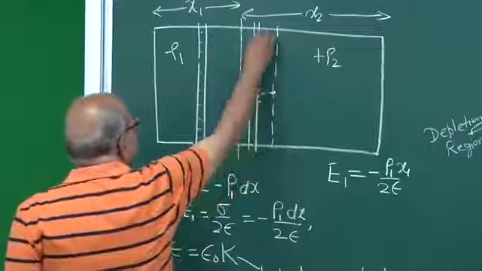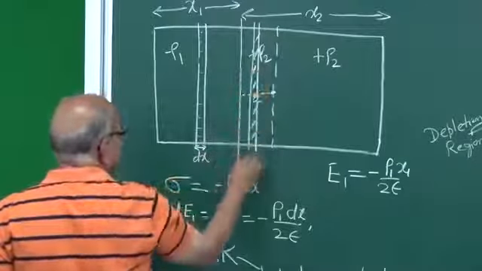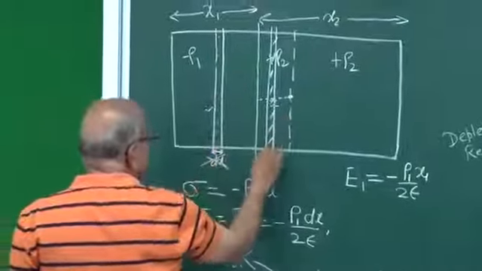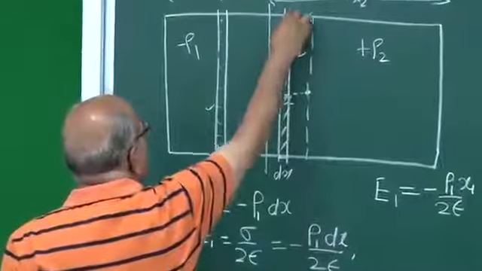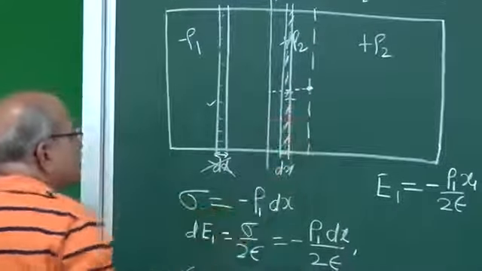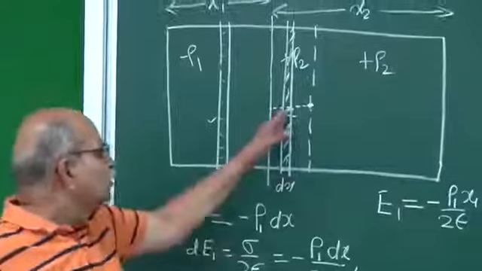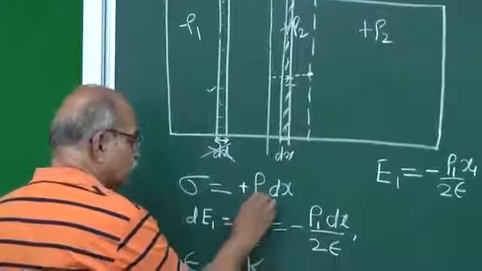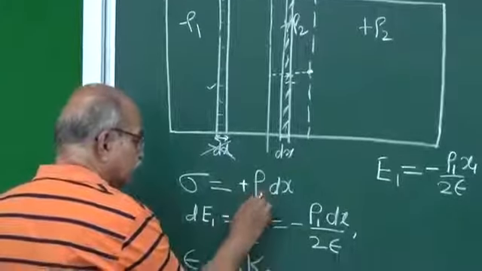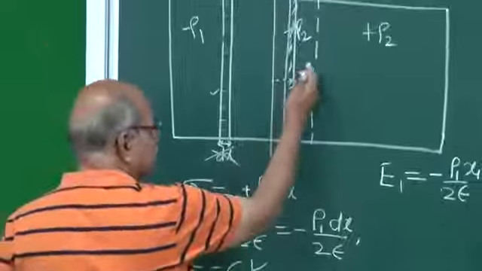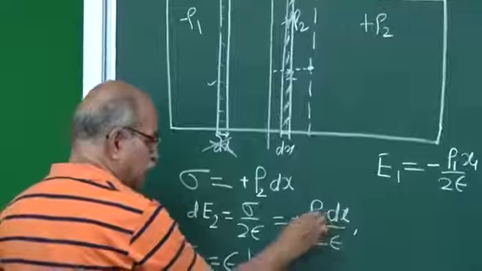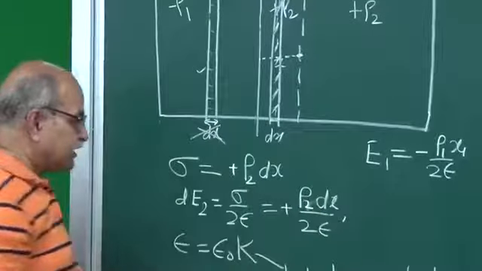Now this is the width dx I am taking, and once again you can treat this as a surface charge layer of surface charge density plus rho 2 dx. And dE2 will be, again because of this, sigma over 2 epsilon, so plus rho 2 dx over 2 epsilon.